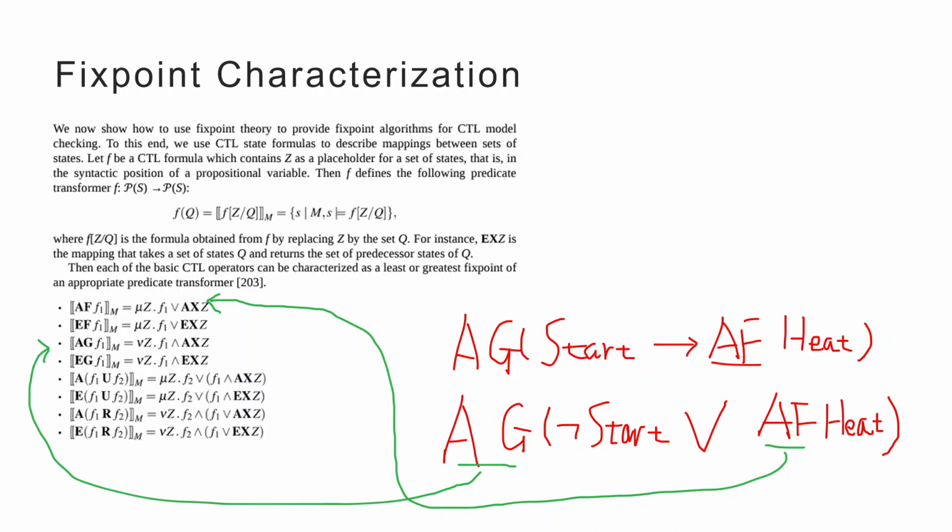For more complex CTL formulas, we can decompose them into smaller subformulas, and each subformula can then be matched with its corresponding fixed point in the table of correspondence.